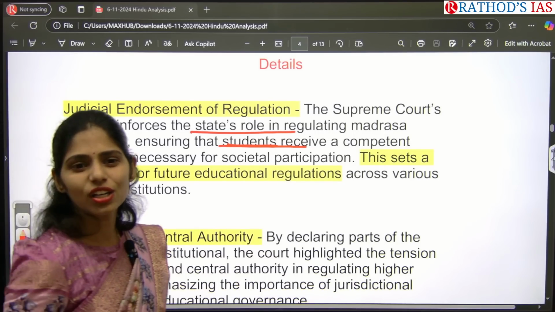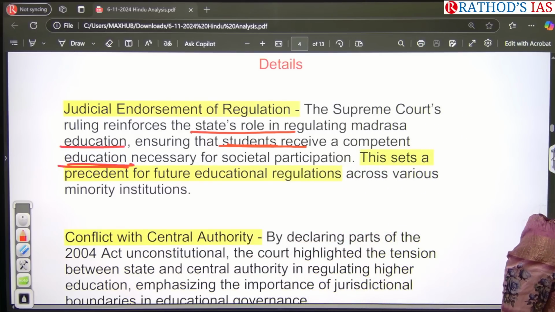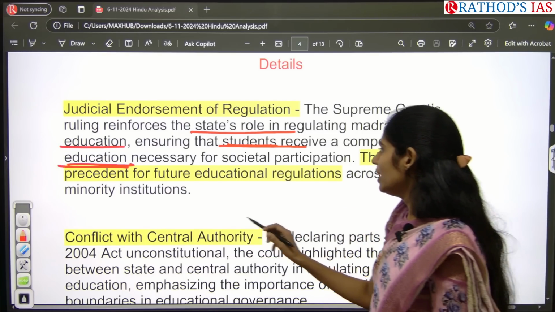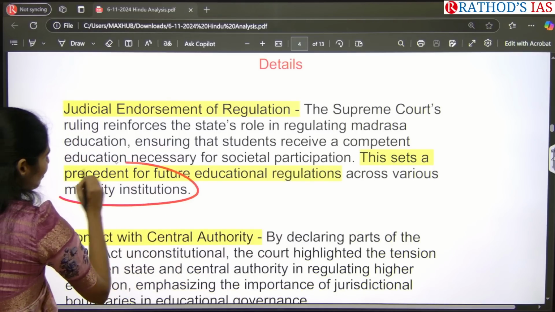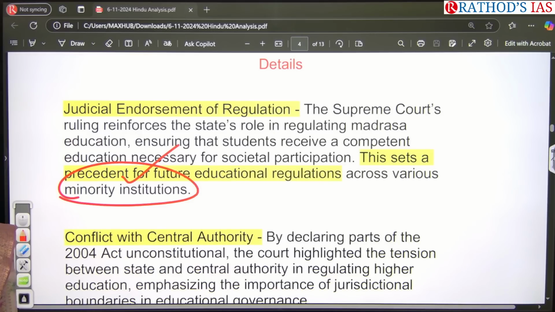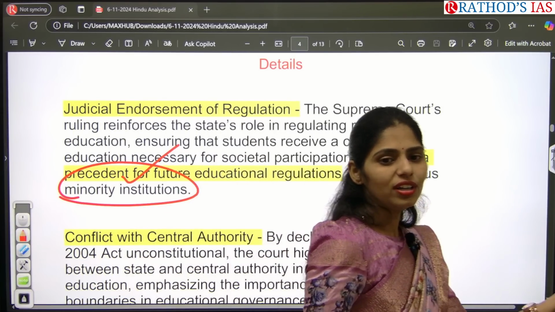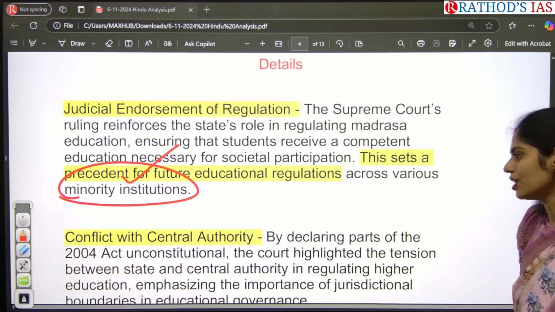So what is Article 21A? Right to education for the age group 6 to 14 years. Minority institutions can regulate education, but that education should be according to the provisions of Article 21A of our Indian Constitution.